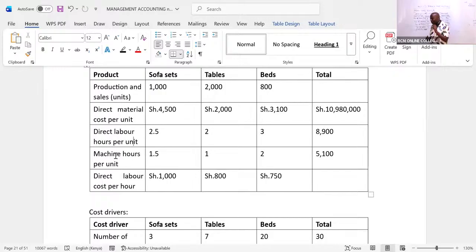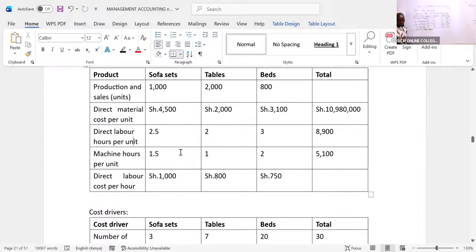So whenever you hear per unit, always know that they want you to multiply the numbers given there with the volumes. So the first one will be 1.5 machine hours, but because that is for 1 unit, times what here, somebody? 1,000.